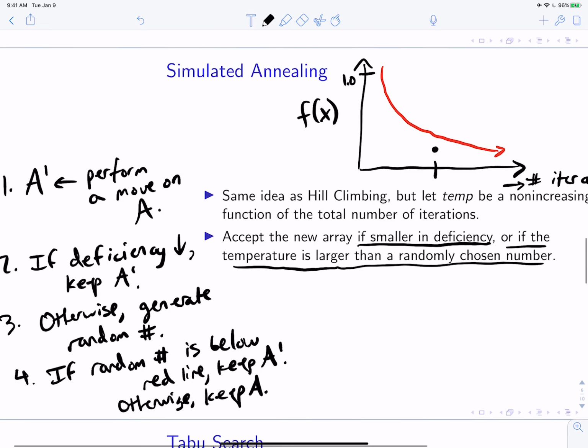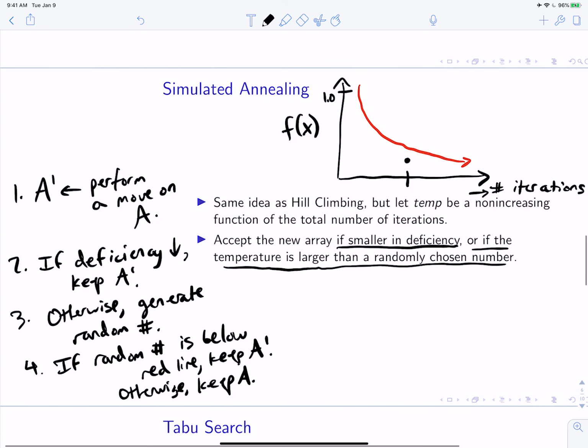Okay? So this has proved extremely successful. If you want to introduce some kind of algorithm in whatever project you're doing, this is a great algorithm to pick because it has proven extremely effective.